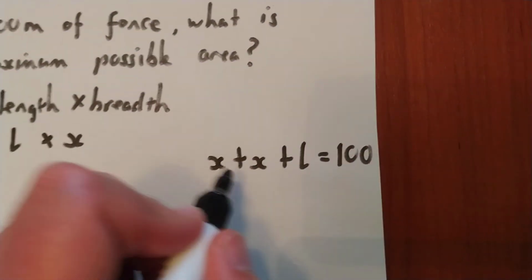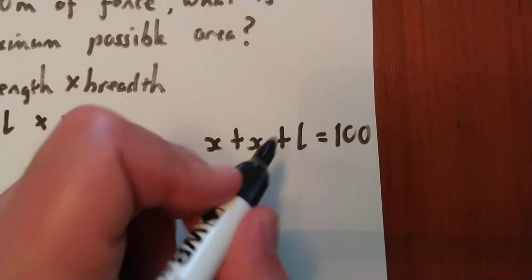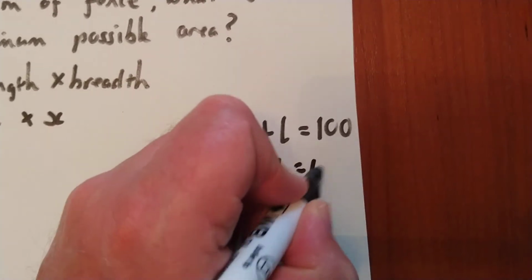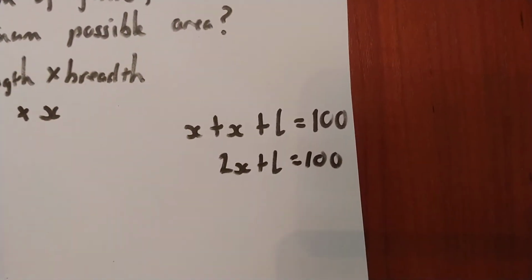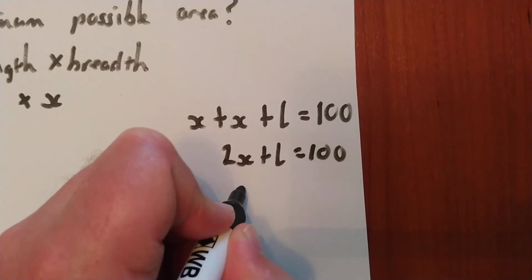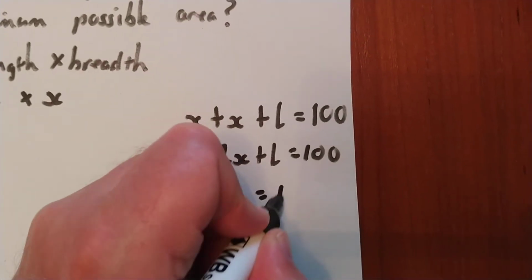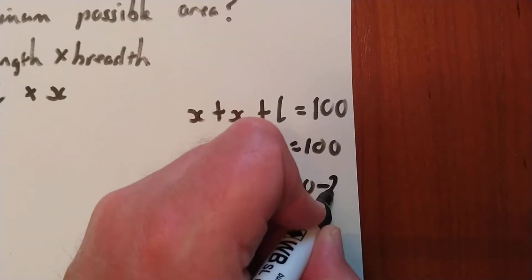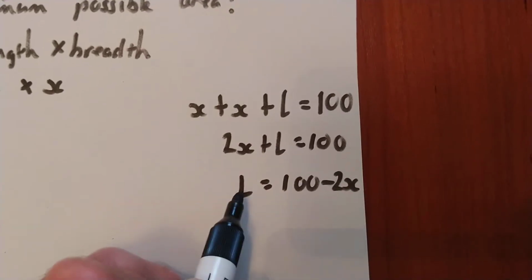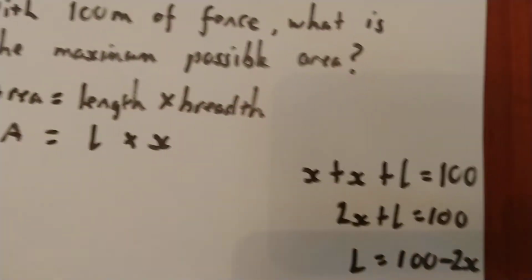So I know X plus L is 100. All right, so that's 2X plus L is 100, just simplifying it. And then let's rearrange the subject of the formula for L. So take away 2X from both sides. L is going to be 100 take away 2X. Now I've got something I can replace the L with in my main calculation.